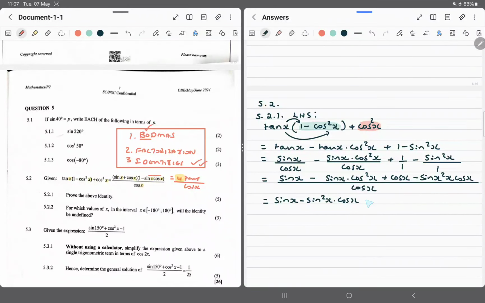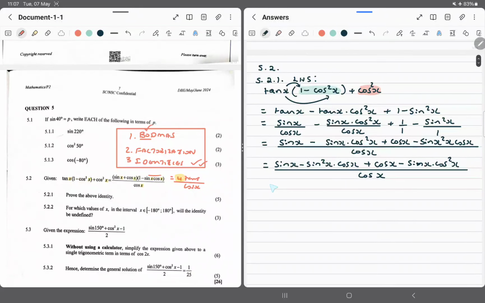And then we can take cos x to lead because we want to create that environment, minus sine x cos squared x all over 1. Not 1, but cos x. Losing focus there. Now let's try to factorize.